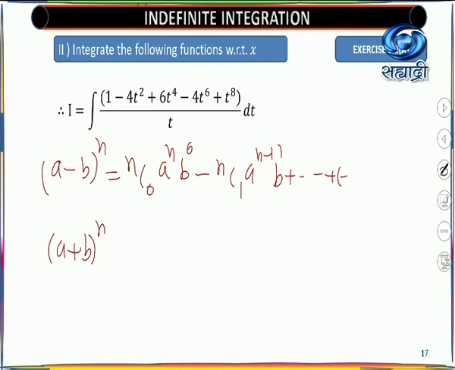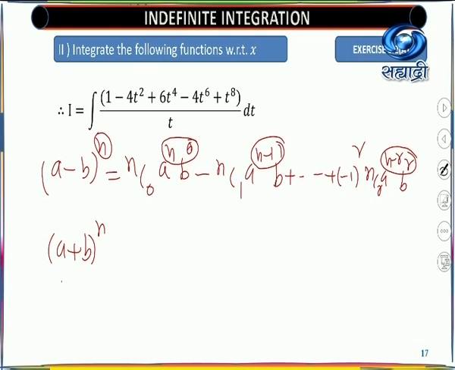The rth term will be minus 1 raised to r, nCr, a raised to n minus r, b raised to r, because the sum of the powers must be equal to n. Look here, n minus 1 plus 1, n plus 0, which gives you again n. So every time the sum of the powers of both unknowns is equal to the power given to you. That is called the expansion.